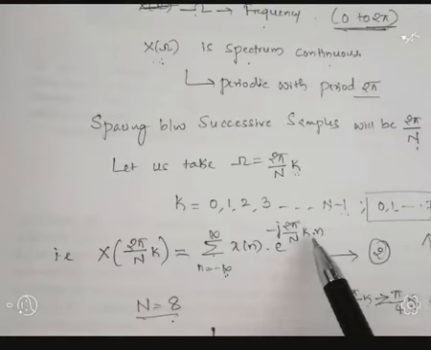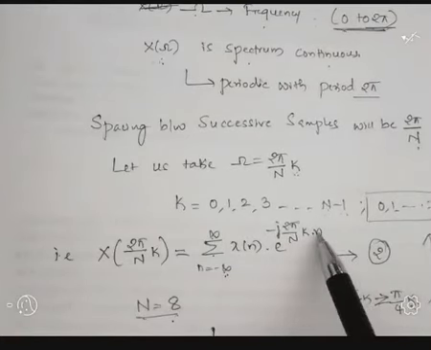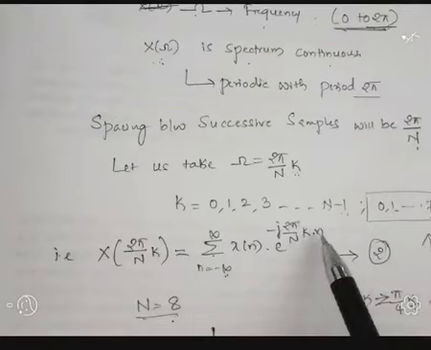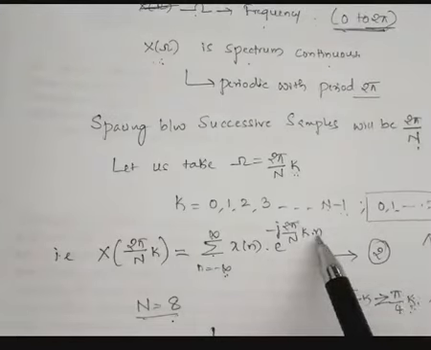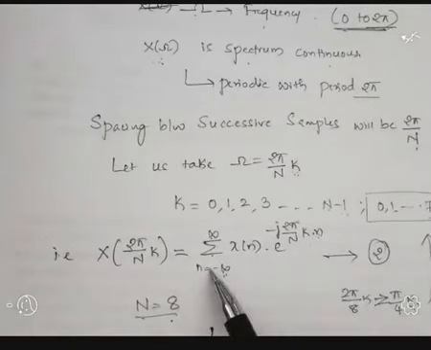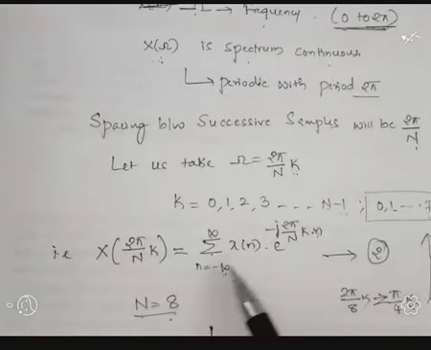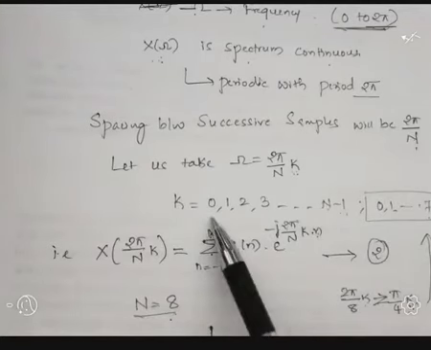The value of k varies from 0 to N minus 1. It means here two indexes we are getting, n and k. n acts as an outer index, k acts as an inner index. So n varies from minus infinity to plus infinity, k varies from 0 to N minus 1.